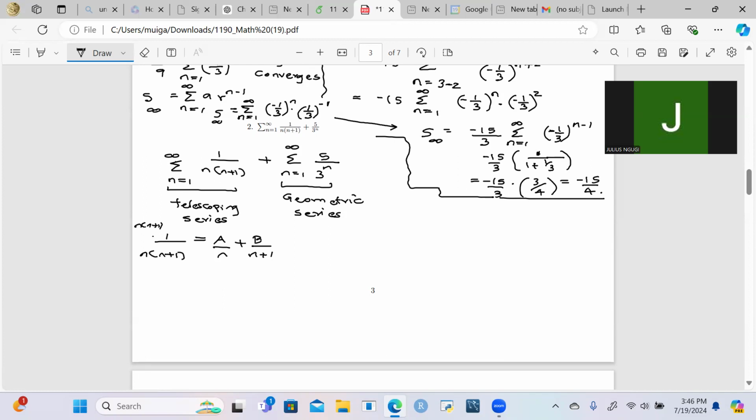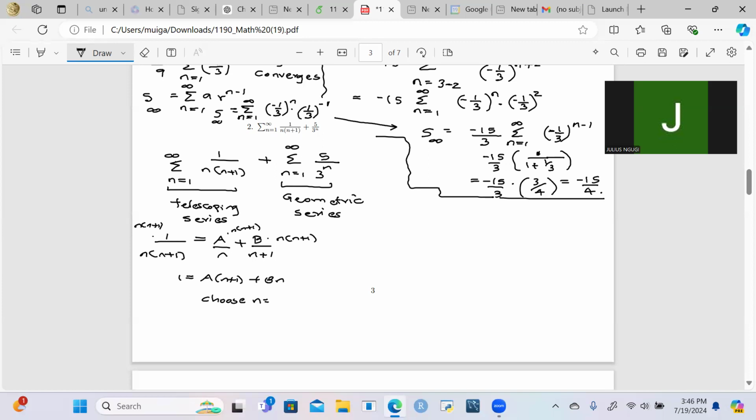This will cancel to get 1 equals a times n plus 1 plus b times n. Because we want to find the undetermined coefficients a and b, we do a wise choice of n.